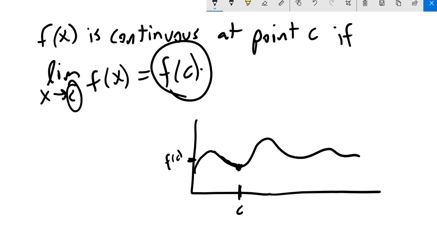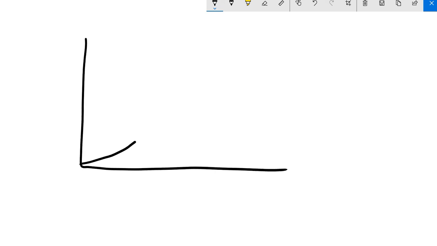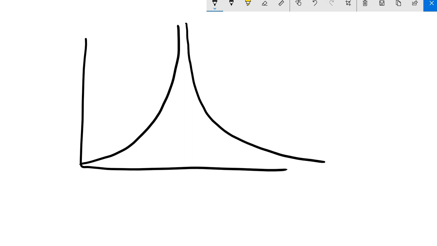What would really help is to show you what a non-continuous function might look like. That would be something like this, where you might have a function that goes like this, and then maybe like this. So you just have this gap here, and let's say that's point c.